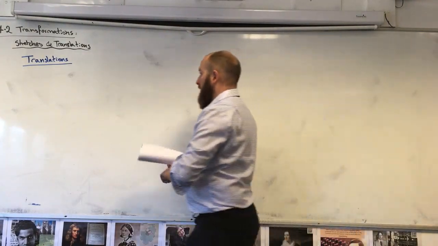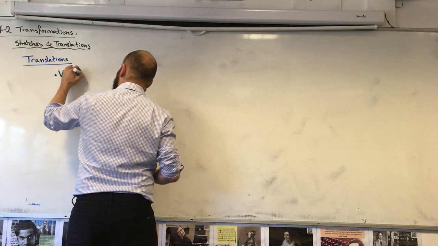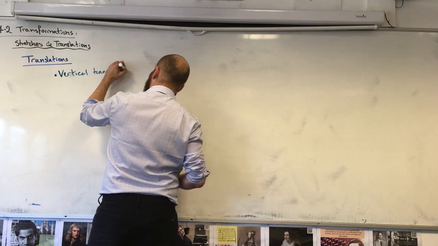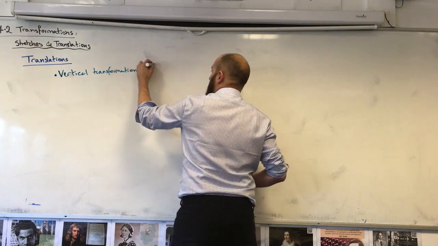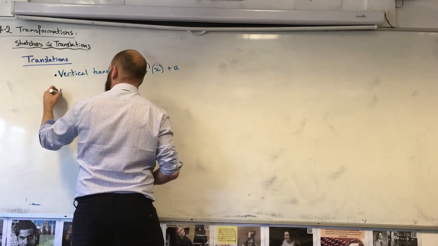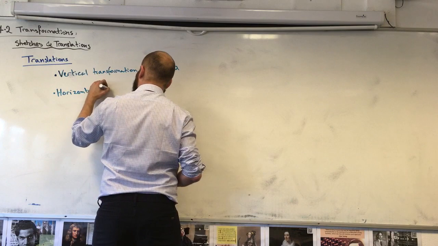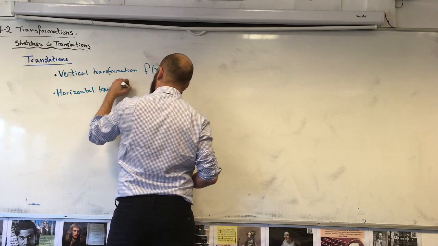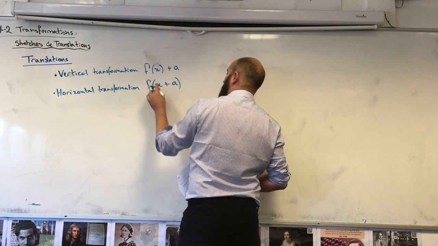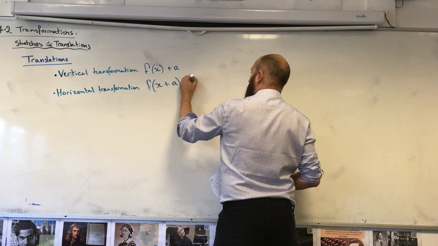Right, so to summarise then, we've got the vertical transformation, f of x plus a, and the horizontal transformation, f of x plus a. Remember, this one does the opposite.